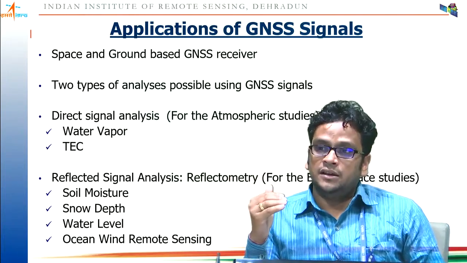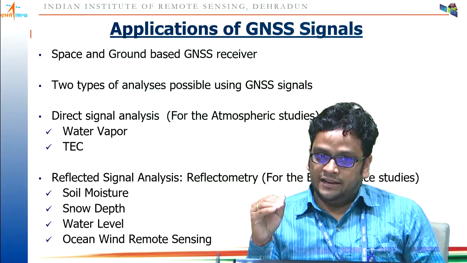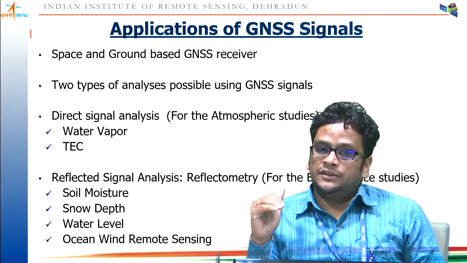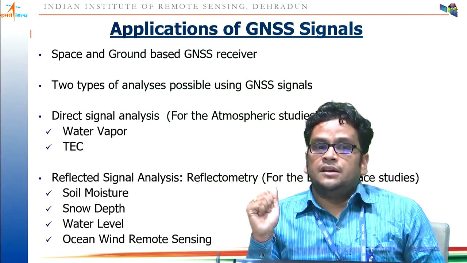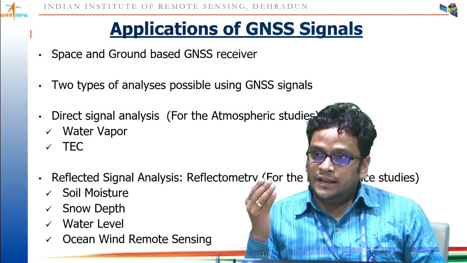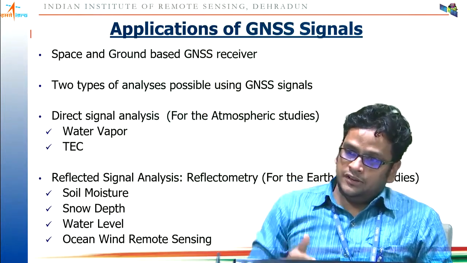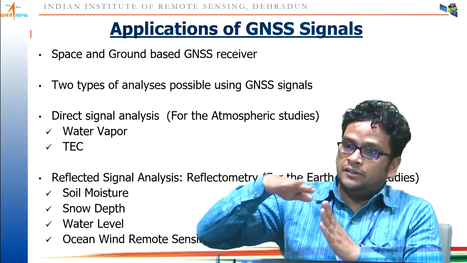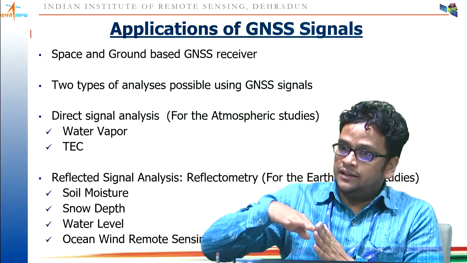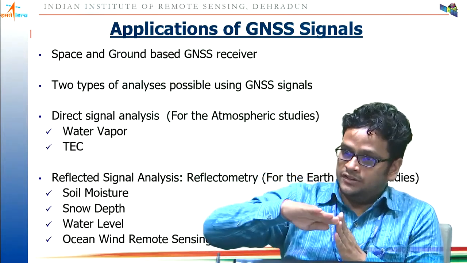Now the second thing is the reflected signal analysis. Basically it is for earth surface studies. When the signal is coming from the satellite to the receiver, there are certain signals which will not come directly to the receiver.